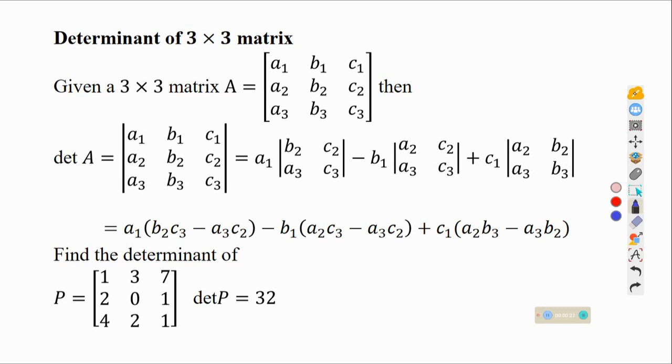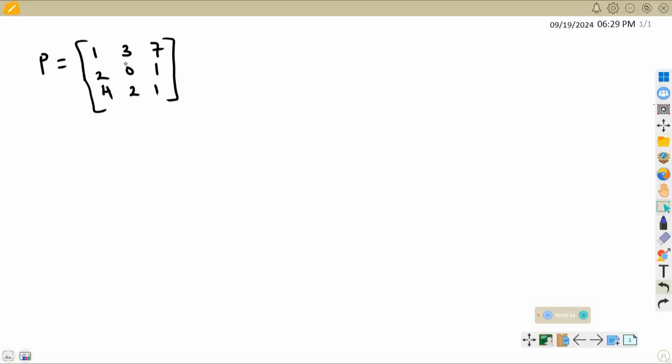So let us look at that. When we are given P as this matrix here, we can obtain the determinant of P. So we shall say the determinant of P is the same as taking the determinant of 1, 3, 7, 2, 0, 1, 4, 2, 1.